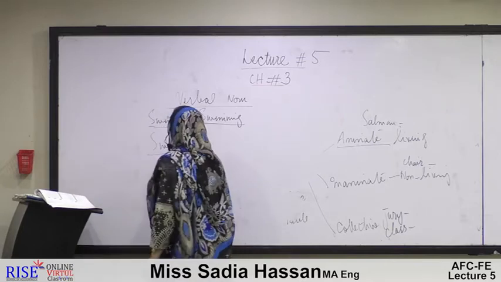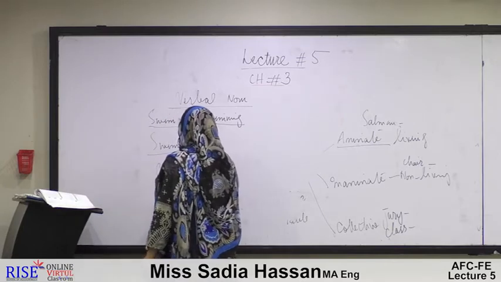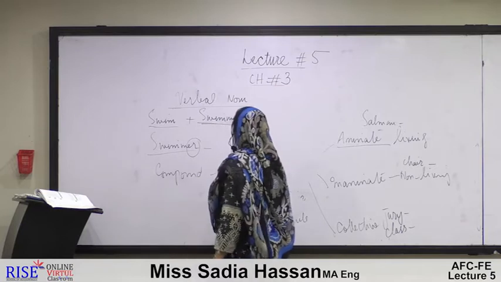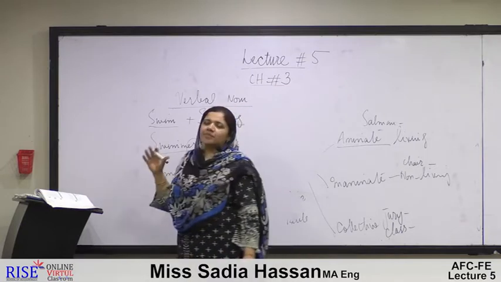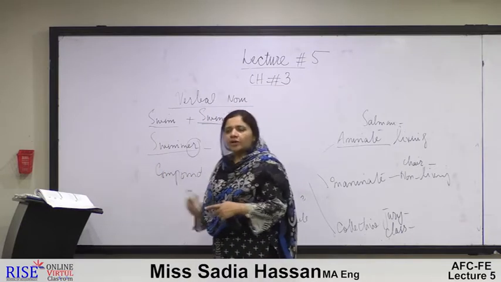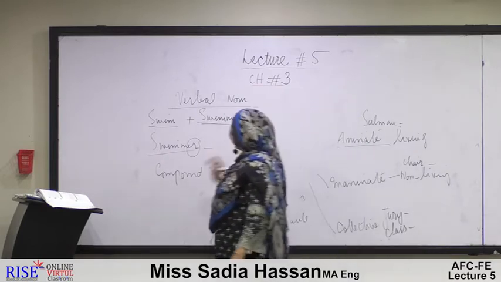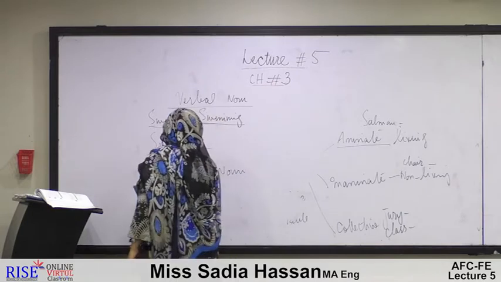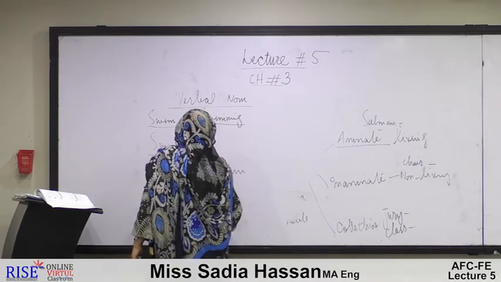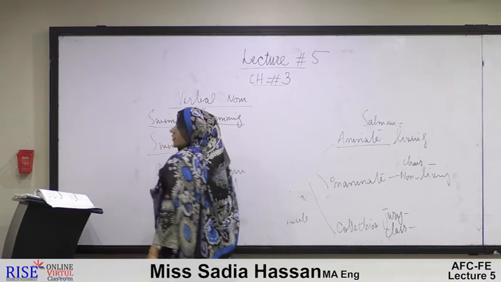What do we mean by compound noun? Sometimes we combine two or more types of words to make a compound noun. For example, whiteboard. A combination is not always a noun with a noun.